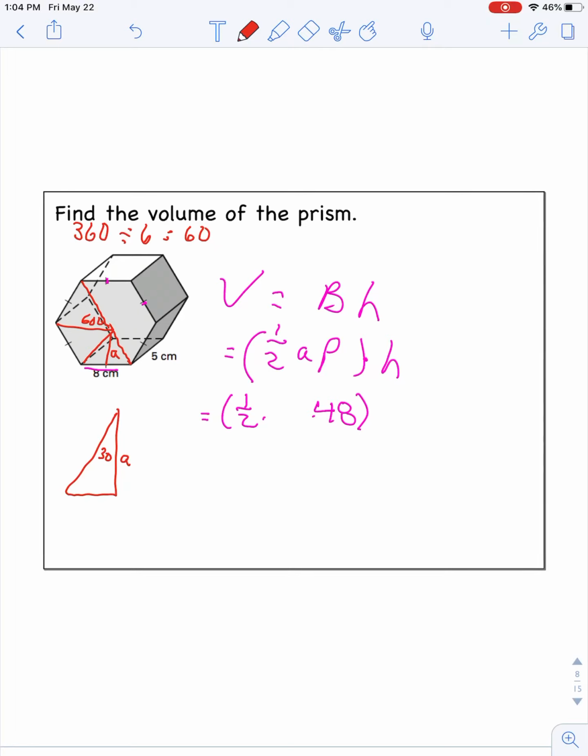Here's my A, this is 30 degrees, and this is 1/2 of 8 or 4. So now, since this is a 30, 60, 90, I don't need to use trig. I can use the fact that this short side is x, and the hypotenuse is 2x, and the long side is x root 3. So that means my apothem is 4 root 3.